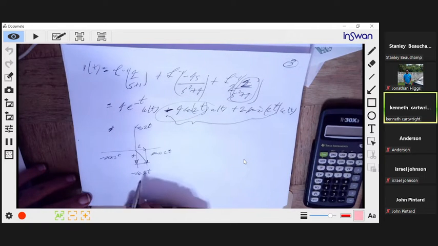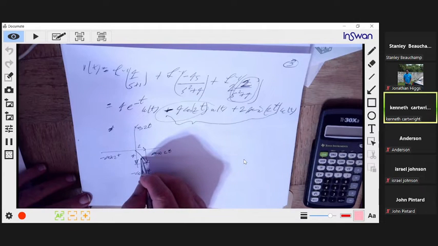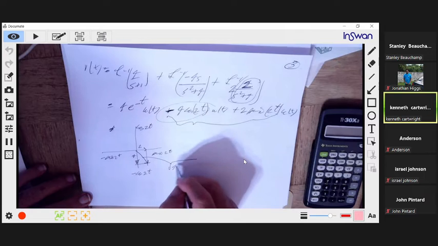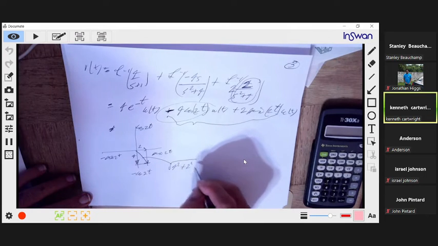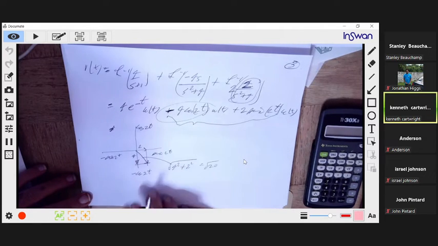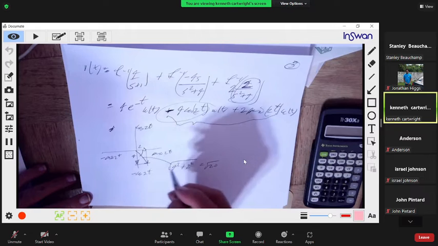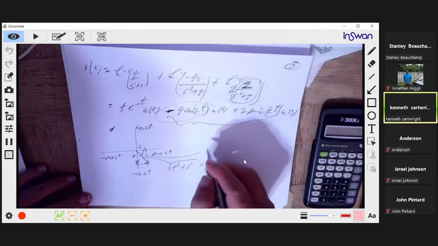And so that would be Pythagoras. This length here would be Pythagoras. The square root of 4 squared plus 2 squared equals square root of 20. And then the phase would be negative of that angle. And that angle by basic trigonometry, let's call that theta.